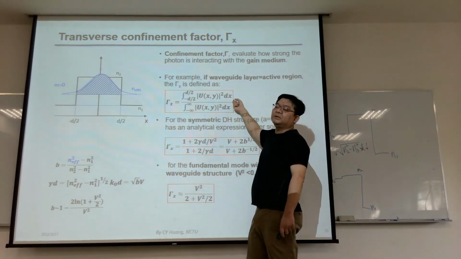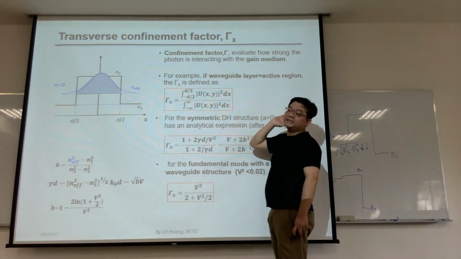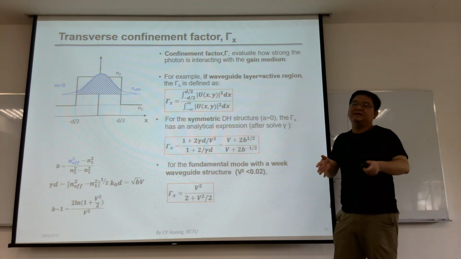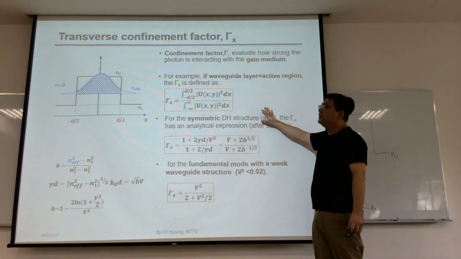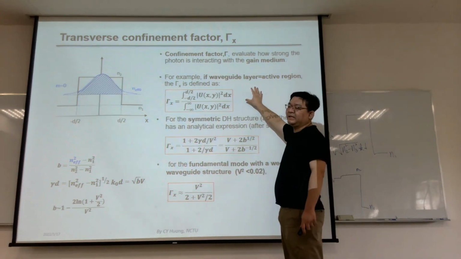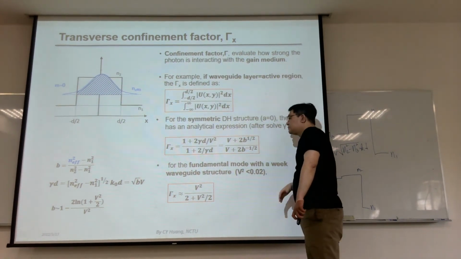So it should be a number less than 1 for most cases. But in some extreme cases, because you adopt another definition of optical confinement, it's possible to be larger than 1, but that will not be the case here.